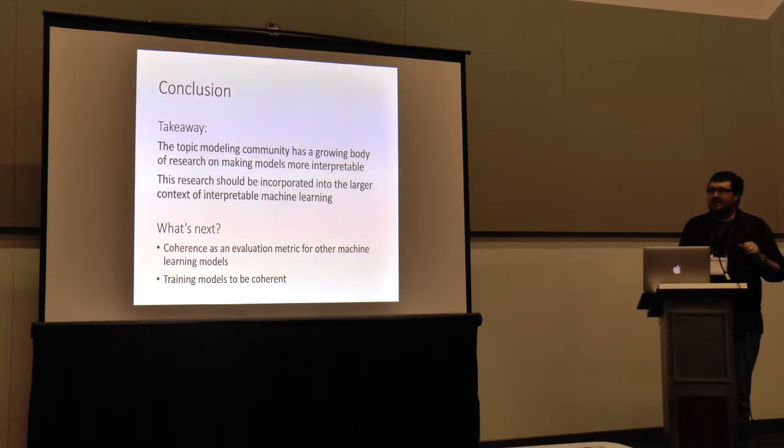So I'll just mention that some work that's now ongoing is testing whether the coherence metrics from topic modeling are in fact useful predictors of accuracy in, say, classifiers or regression models, as well as how to train other models to be coherent. So those are the things I'm thinking about, and that's all I have.